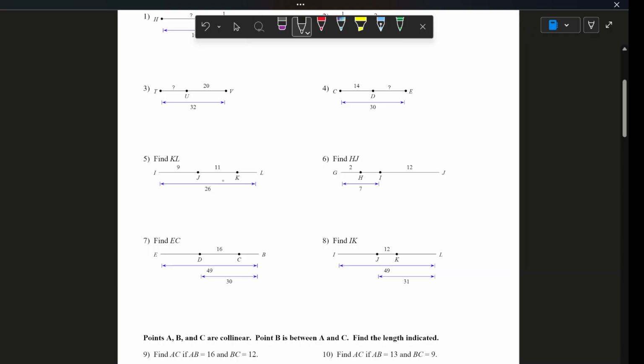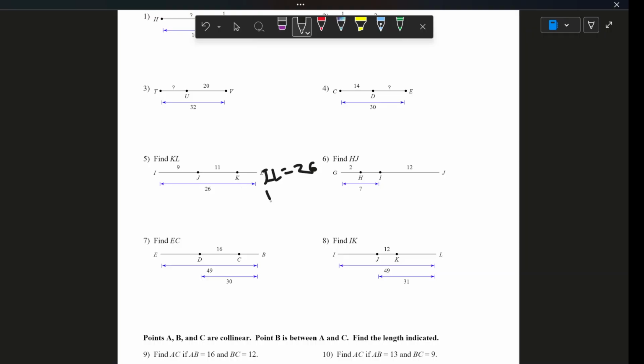Cool. All right. Let's do question 5 now. Okay. So this time it looks a little more complex, but we still got this. All right. So let's write IL. IL is equal to 26. Cool.